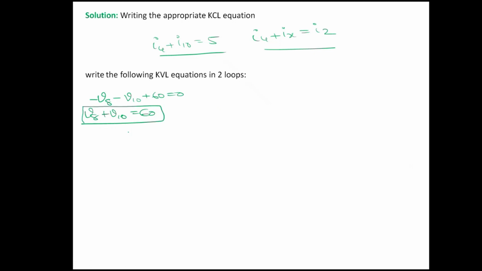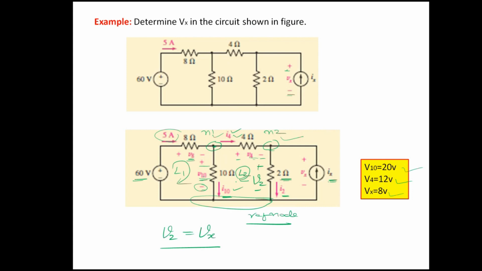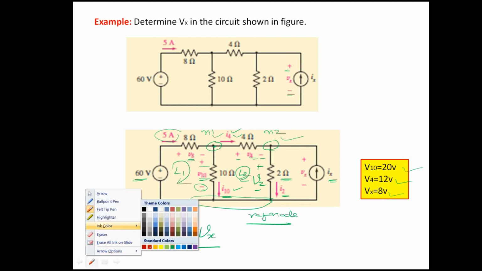Then the second KVL equation, how can we write it? You take this loop, and assume the loop direction is like this.